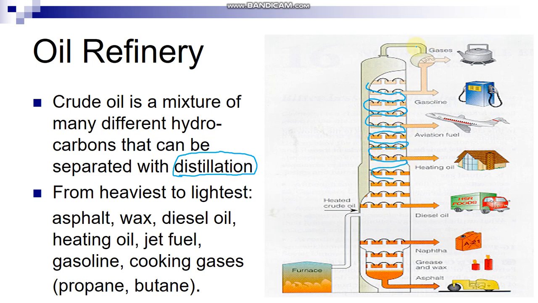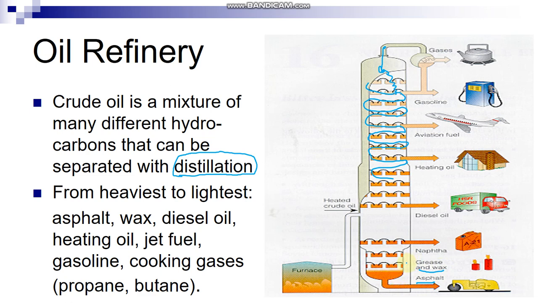You insert the crude oil into the silo, and as the crude oil comes in contact with the heated coils, the heat breaks down the hydrocarbons and reduces its viscosity.